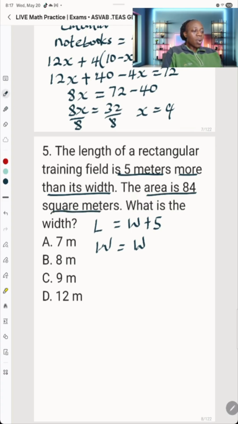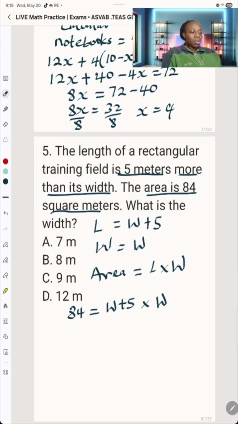So what is the formula for finding the area of a rectangle? Length times width. So the area is equal to what? Length is width plus 5, then multiplied by width.